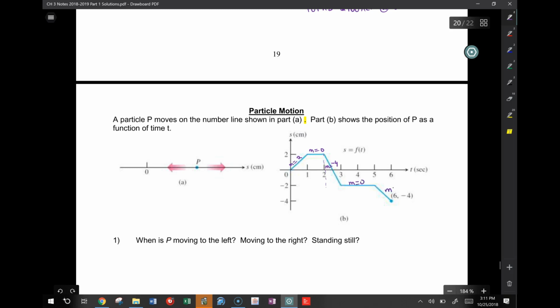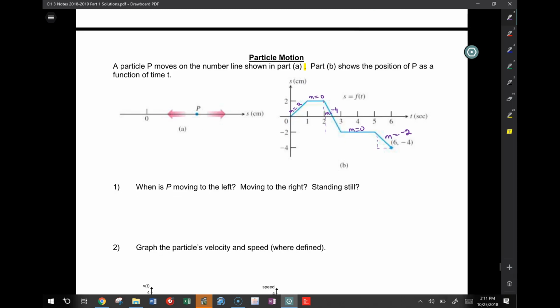And here, it goes down 2 over 1, so m equals negative 2. Now, here the velocity is positive 2. What is it doing? It's going to the right. When the velocity is 0, what is it doing?